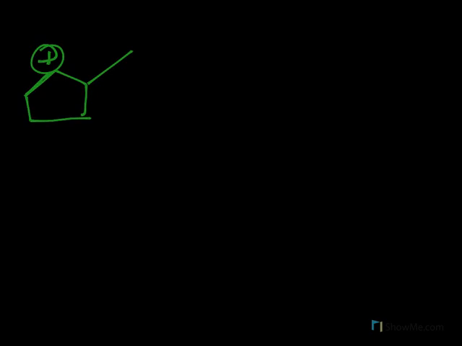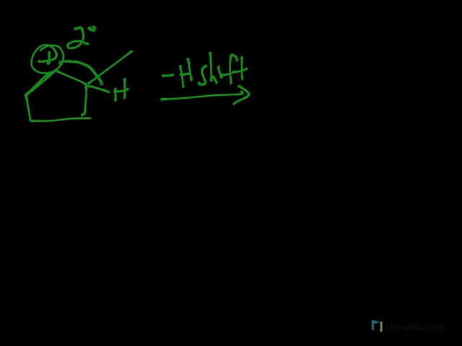All right. So the thing about this mechanism here is this is a secondary carbocation, right? Secondary carbocation. However, we can form a tertiary carbocation. And how does that occur? The way that occurs is through a hydride shift. So if you get a hydride shift, this hydrogen here can switch places with the hydrogen right there.